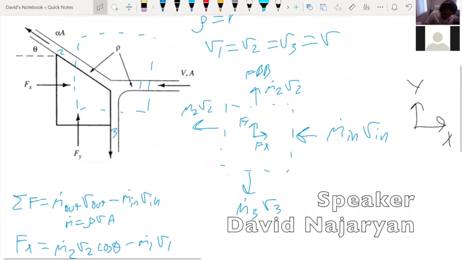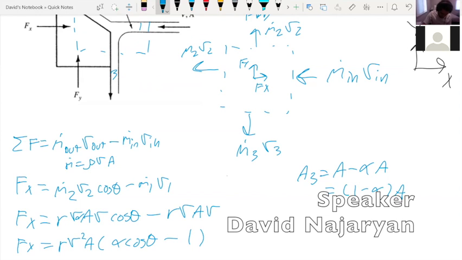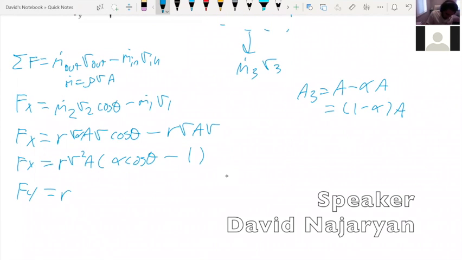And a side note, the area for area 3 is equal to the total area minus alpha A, or I'm going to simplify to 1 minus alpha times A. Back to the problem, we have rho V squared alpha A sine this time, minus rho V squared 1 minus alpha A for area.